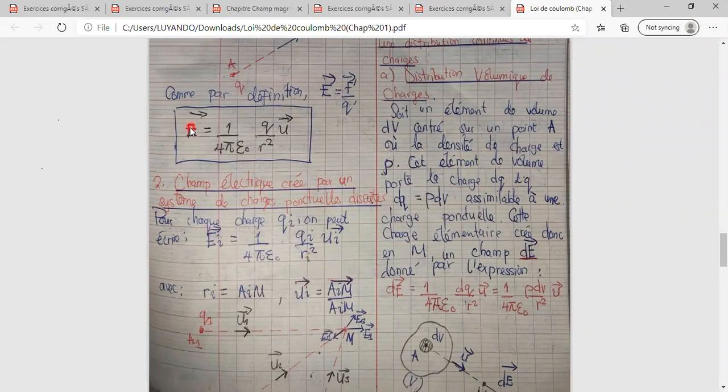Because we're trying to calculate a small amount of electric field from a small charge, where there's q here, it will be dq, in the direction u. We know our expression for dq is equal to rho dV. So literally we're just going to have 1 over 4 pi epsilon 0 rho dV over r squared in the direction u.